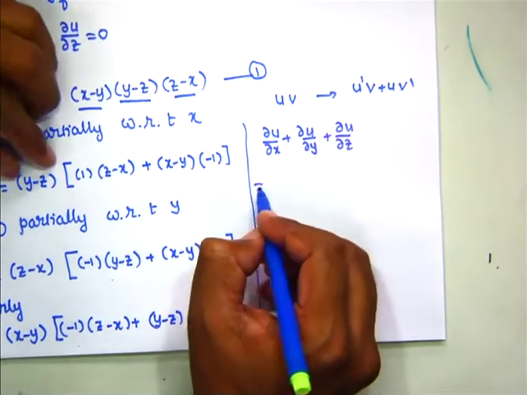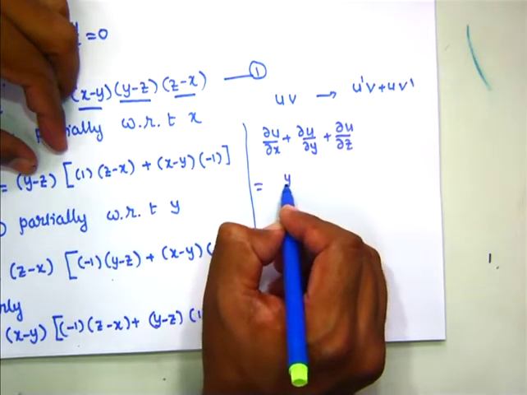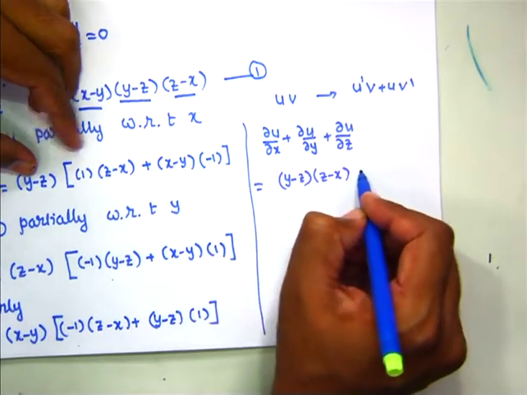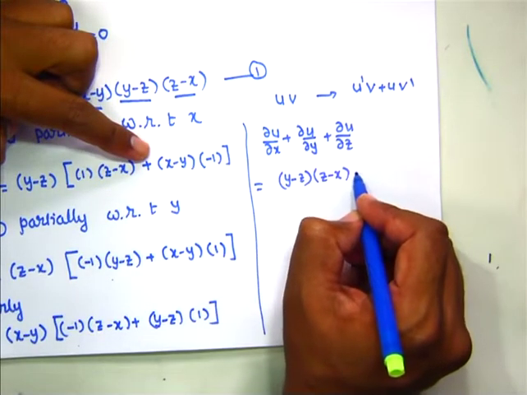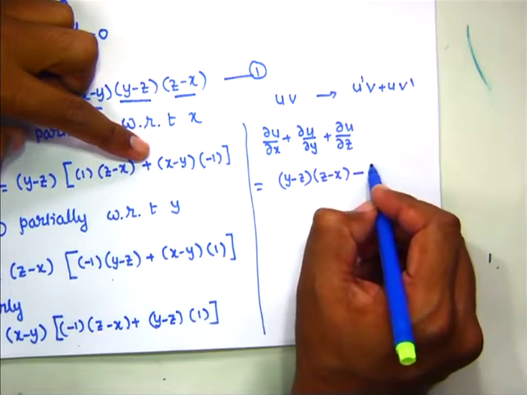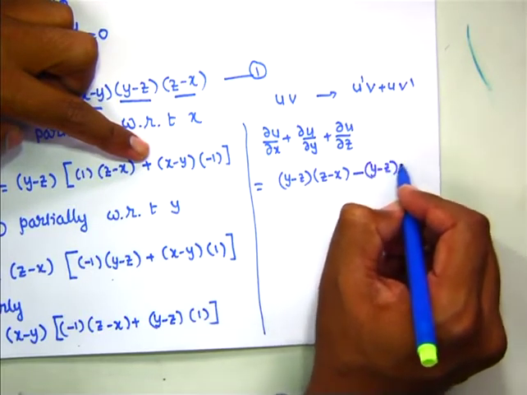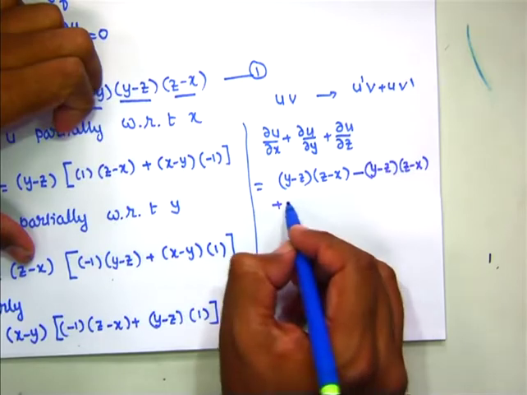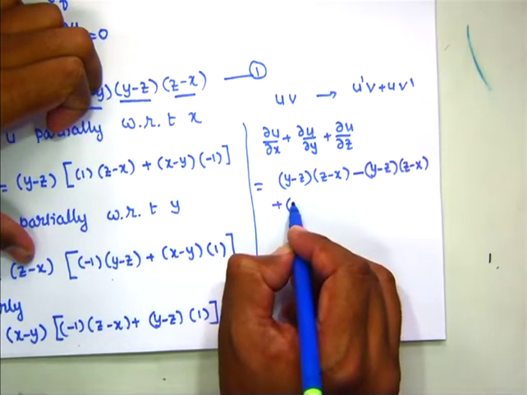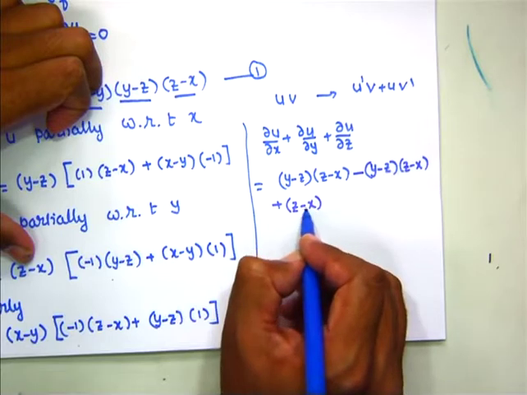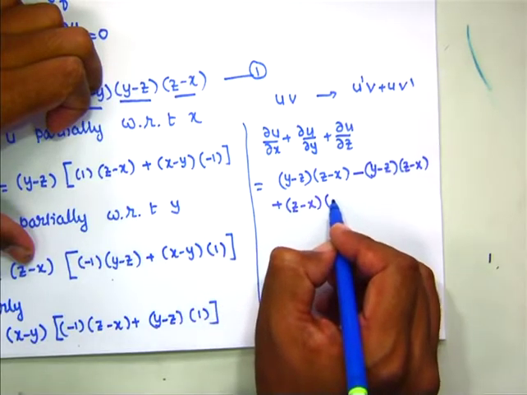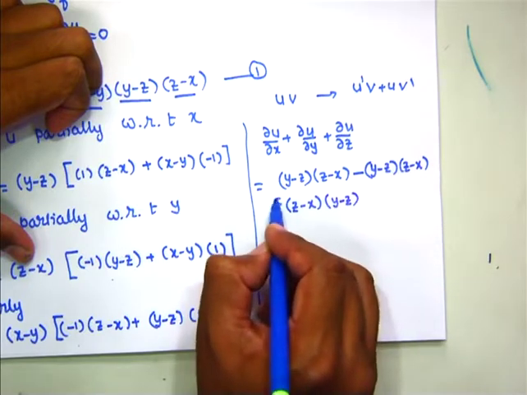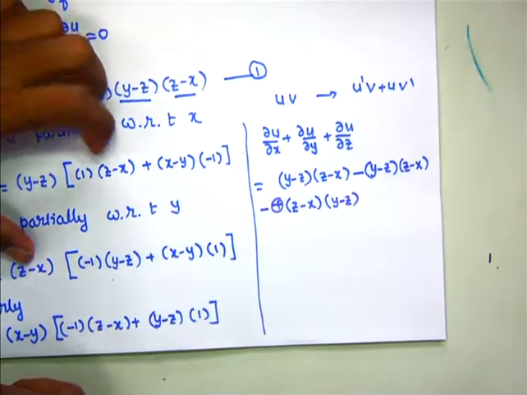Now here we can get y minus z into z minus x, then minus y minus z into z minus x, plus del u by del y is z minus x into minus y minus z. So this plus sign will turn into minus.